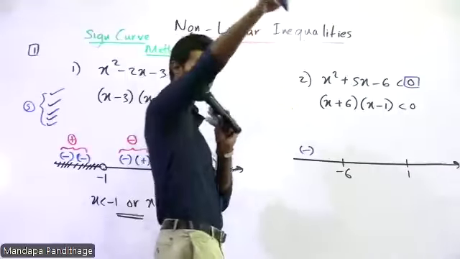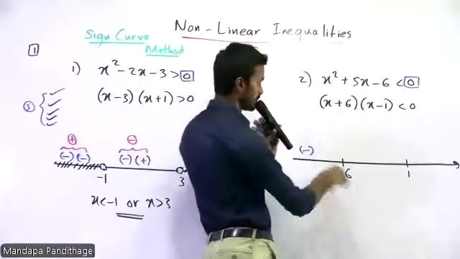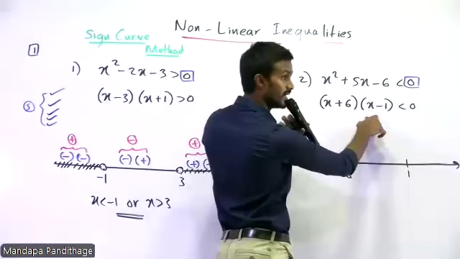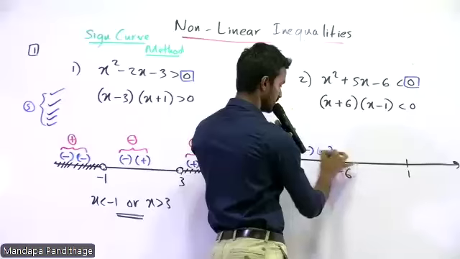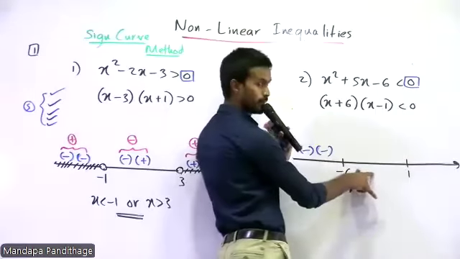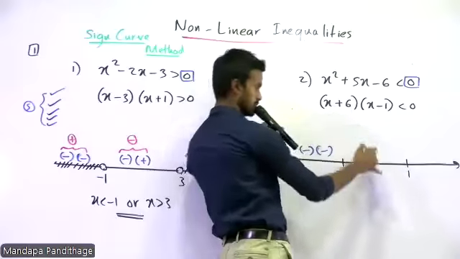Okay, now this same side. Because you have 3 regions, now tell me, substitute that value into this factor. What is the sign, positive or negative? It's negative. Now come to the middle range. Think of a number and substitute it here. What is the sign of this one? It's positive.